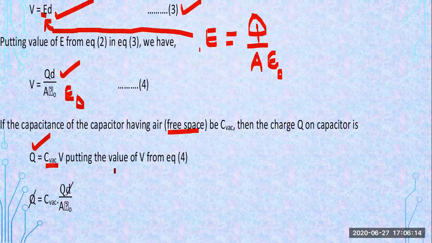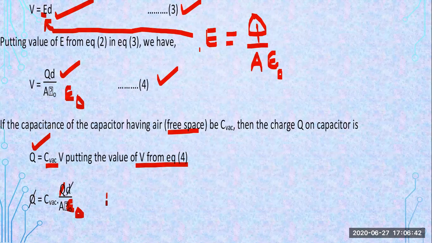After putting the value of potential from equation 4 in this equation, V is Q D divided by A epsilon naught.